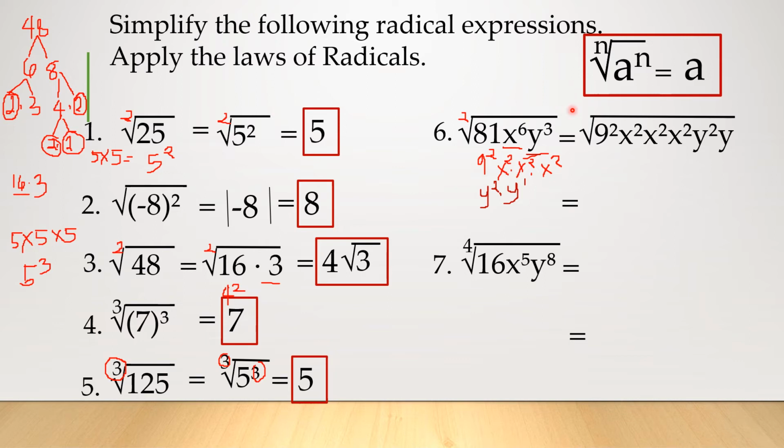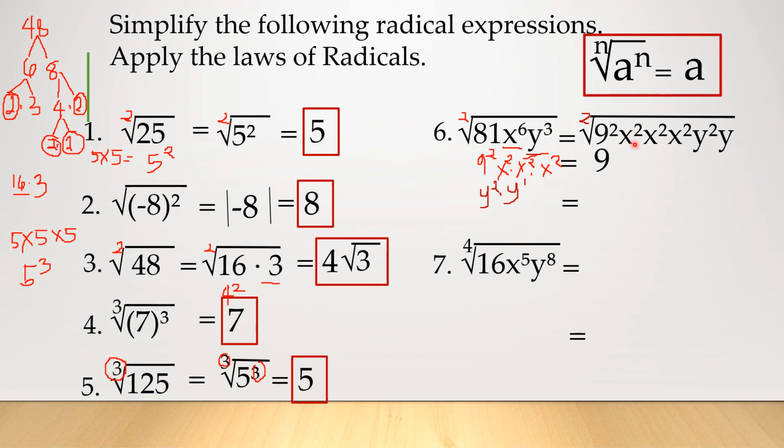So now we can apply this law, number 1. We know that the index here is 2, right? Because it's a square root. So what is the square root of 9 squared? The same index, so the answer is 9.